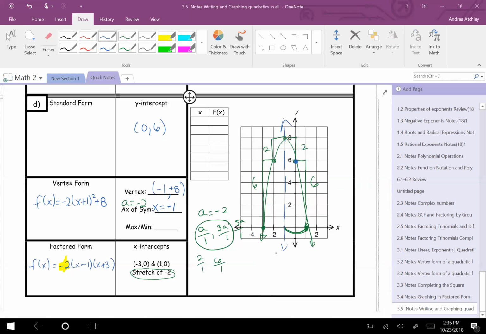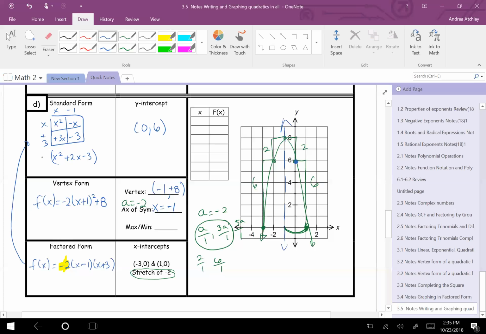You're good? Okay. Now standard form, we have to multiply this all out. So I'm going to draw that box and multiply it out. x minus 1, x plus 3. This becomes x squared minus x plus 3x minus 3. So then I get x squared plus 2x minus 3.